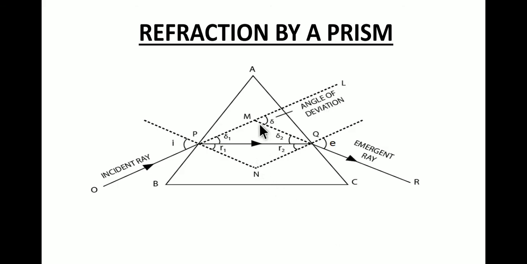This angle LMR represents delta, that shows the angle of deviation. So this is the actual path of the light, and this is the emergent ray that has been bent because of the prism.